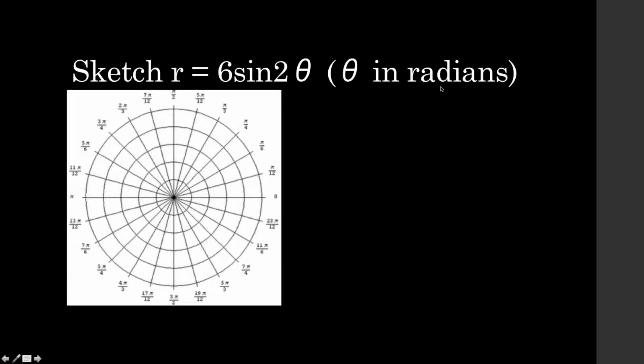Let's look at r equals 2 sine theta. Okay, or sine 2 theta, excuse me. Theta is in radians, notice. Alright, so here's what I want you to notice when I make my T-chart.